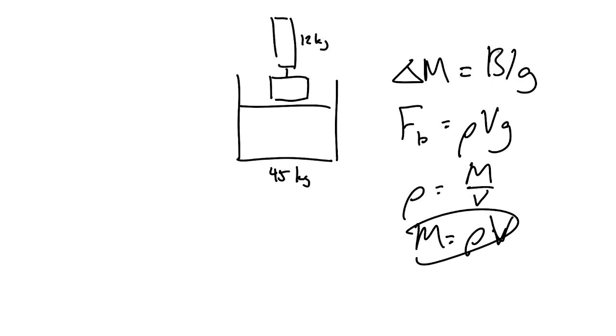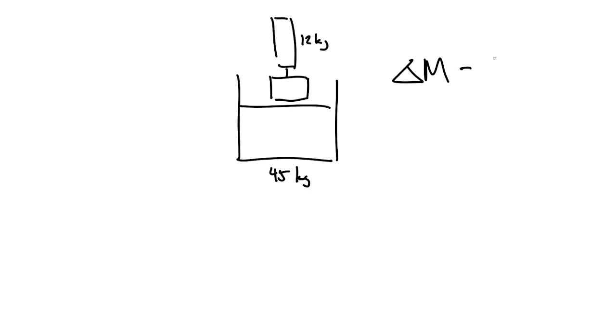So that means that our mass is going to be our buoyancy force divided by our gravity, or our gravitational acceleration. So let's determine what our buoyant force is then, right?